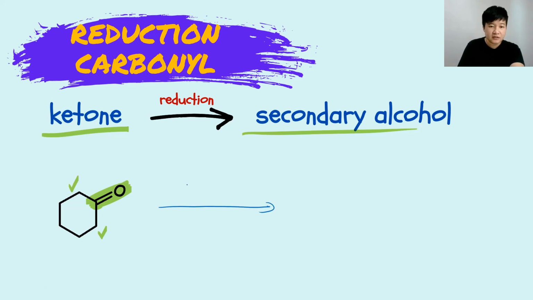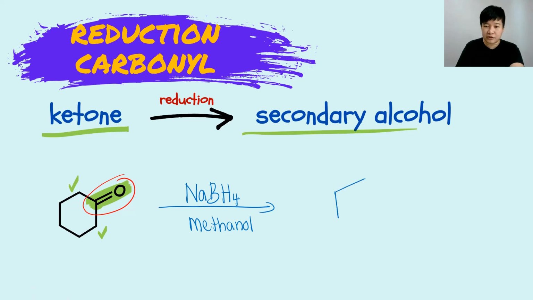React with sodium borohydride in the presence of methanol, NaBH4 in methanol. Focus only on the carbon that is holding the C double bond O. The entire group shall remain the same. And we only focus on the carbon that was holding the double bond O just now.